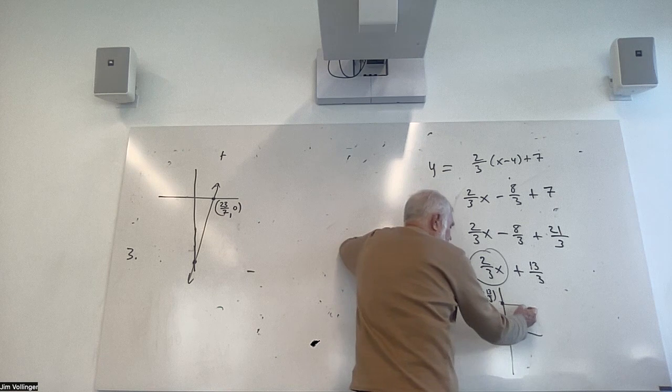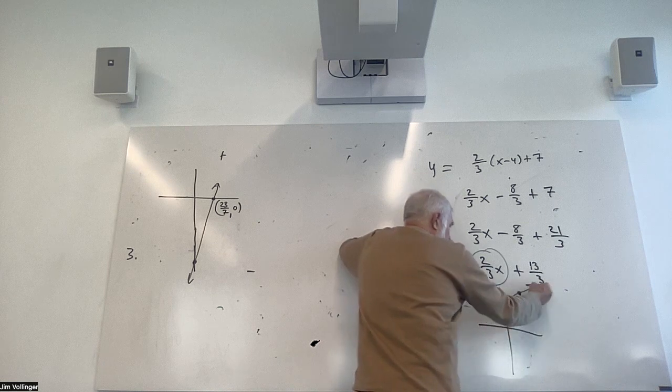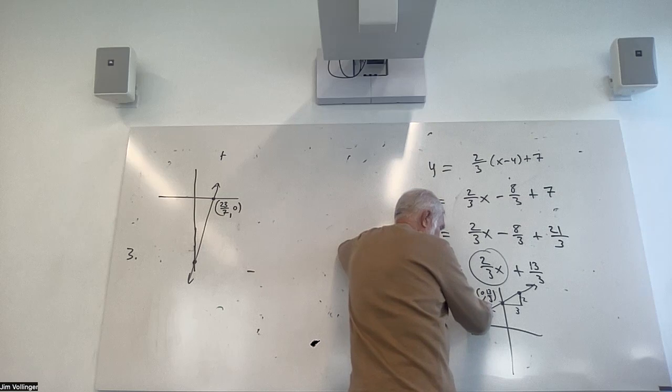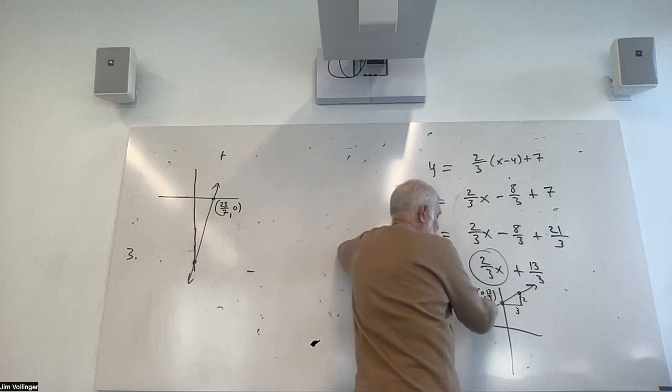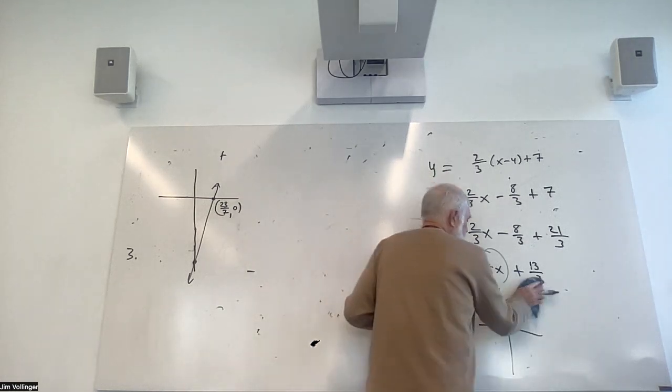And I'm going over 3 units and up 2 to a new location. If you wanted to know what that location was, you'd have to add 3 to this, and that would be 3. And this one would be adding 2/3, so 6/3 to that. But I won't be giving you fractional work for a while. Okay, so that's just how you would graph that.